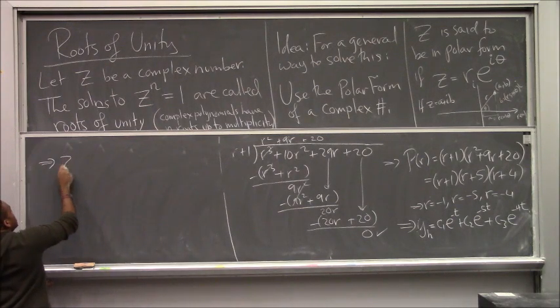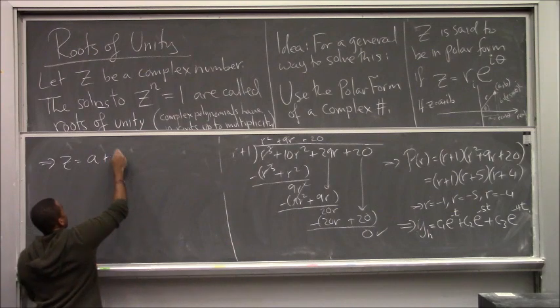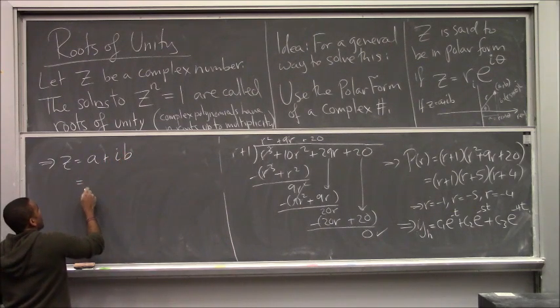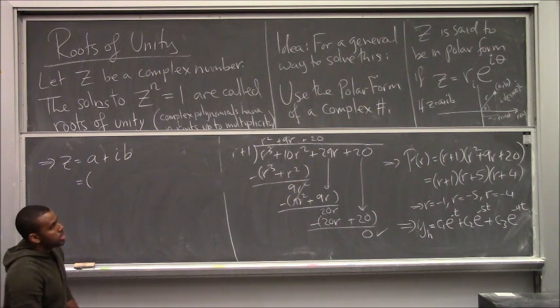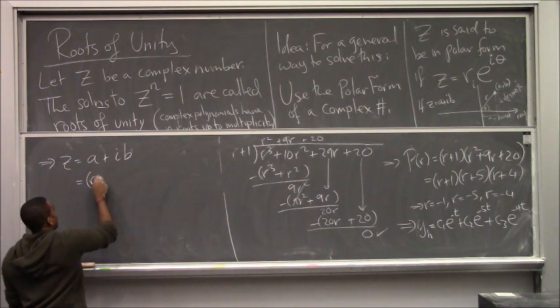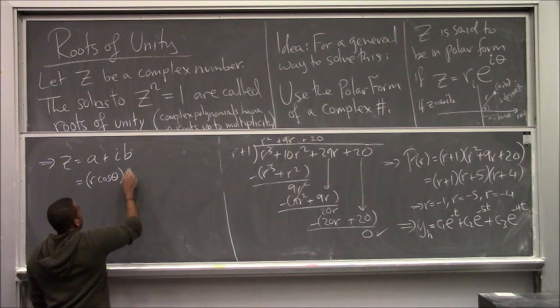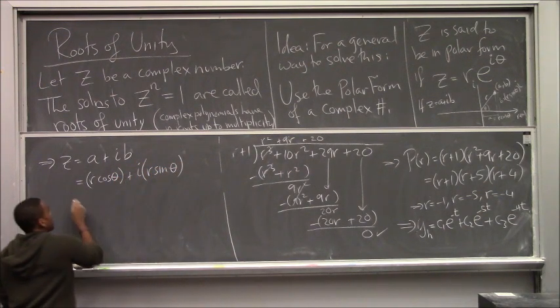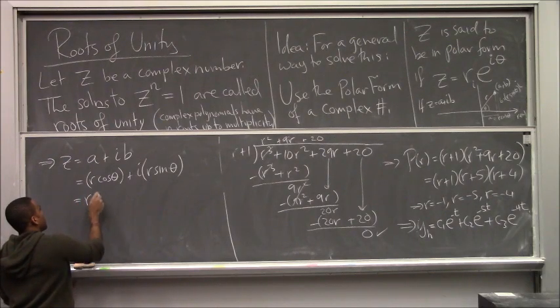This means that your z, which is equal to a plus ib, I actually didn't need the i attached there because it's going to come here. The a is going to be given by r cosine theta. The b is going to be given by r sine theta. What you'll notice is that r will be a common term.